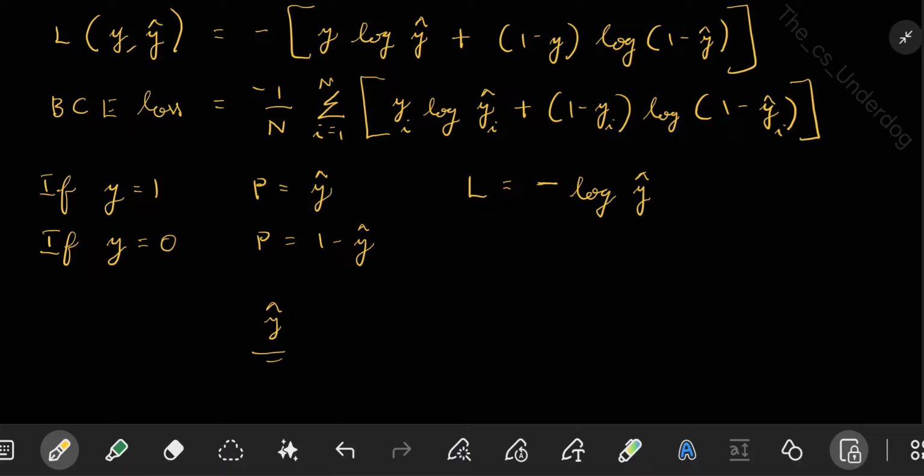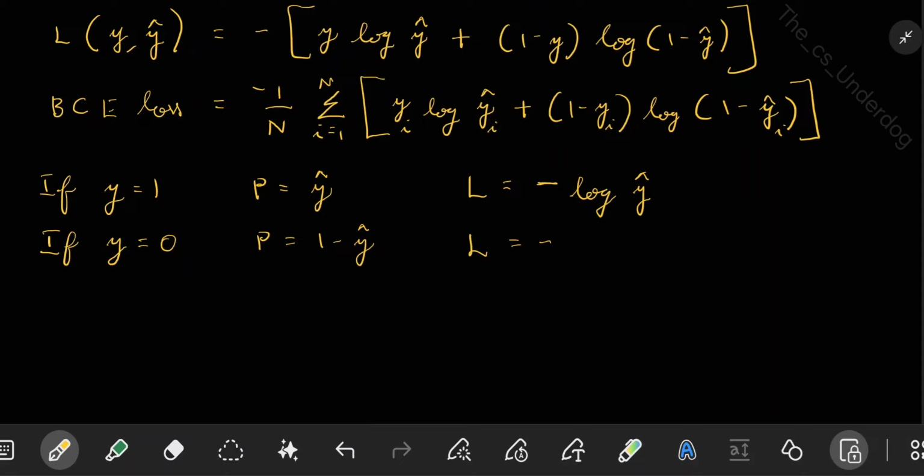So what is the probability that it will belong to class 0? That will be 1 minus y cap, because if y cap is the probability that it belongs to class 1, then only one more class is remaining, class 0. So the probability that it belongs to class 0 should be 1 minus y cap. Then using the same logic that we used here, what could be a good option for loss?